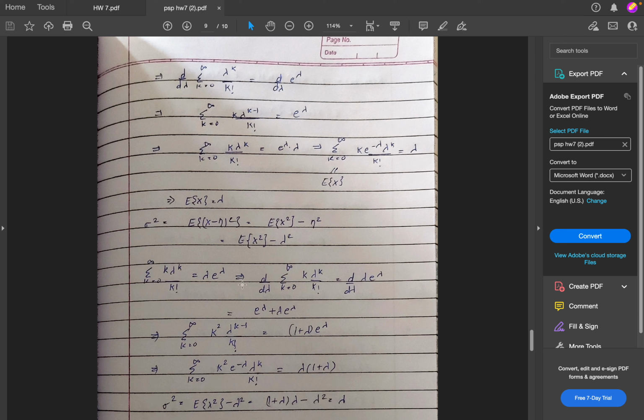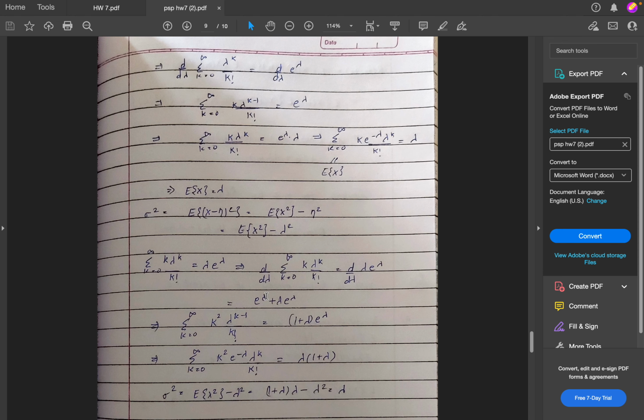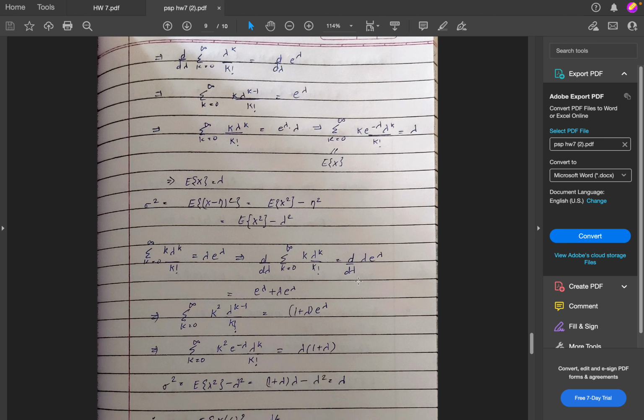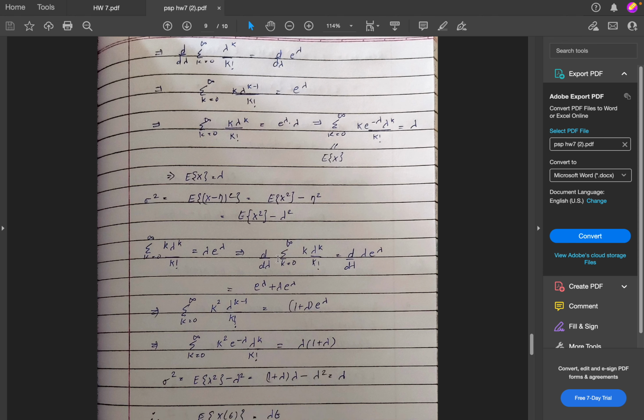We can take the differentiation of this on both sides with respect to lambda. What we get is, on the left side, k square lambda to the power k minus 1 upon k factorial, and on the right side, if we take the differentiation of lambda e raised to the power lambda, we get e raised to the power lambda times (1 plus lambda).